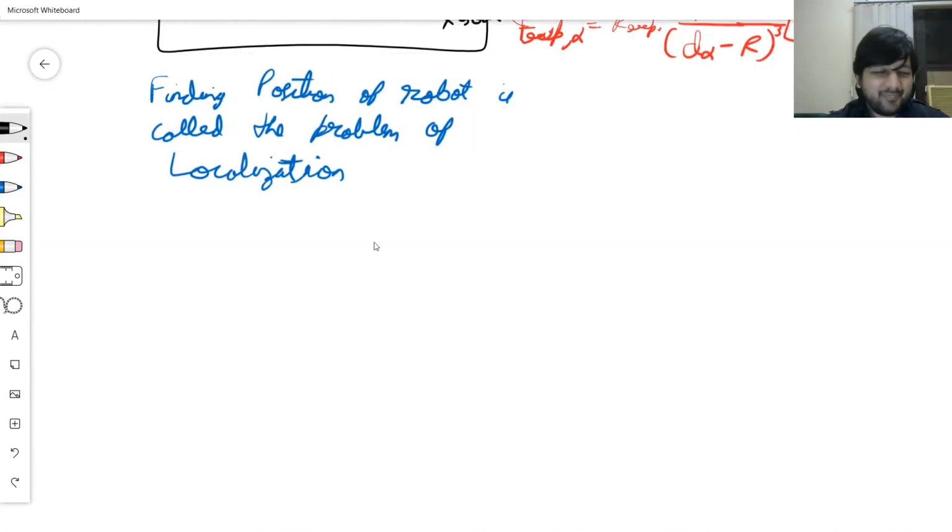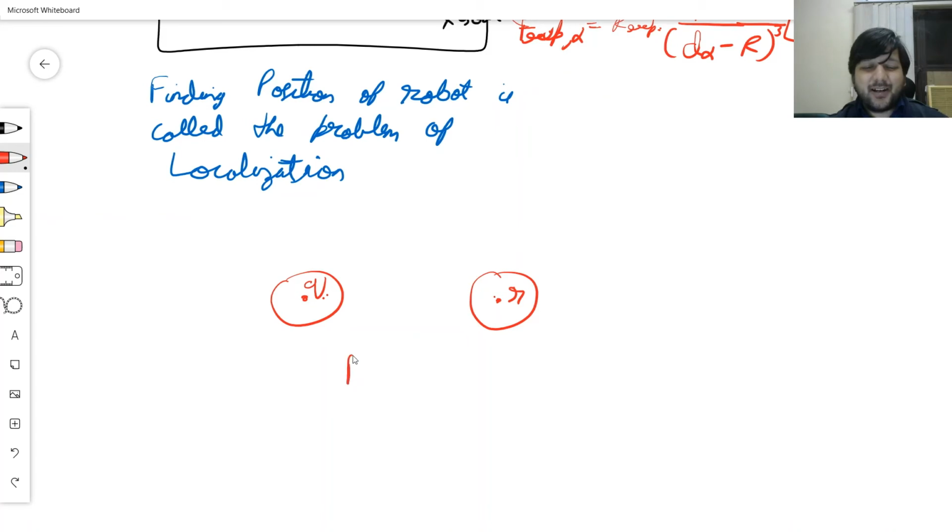Now, it does change a little bit if you have a robot Q and another robot R, and both of them can communicate. So this one tells its position to that one, and that one tells its position to this one. So you will have a repulsion force as k_rep by d(q,r), the whole cube, minus 2r, with 1r subtracted for this and 1r subtracted for this.